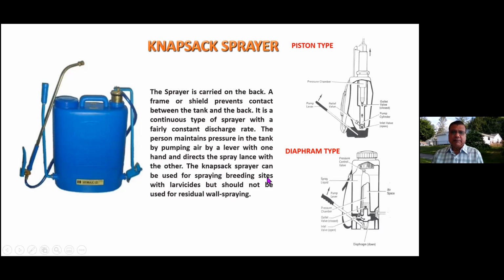The person maintains the pressure by lever with one hand and directs the spray lance with the other. This is the spray lance and this is the lever. The knapsack sprayer can be used for spraying breeding sites with larvicide, but should not be used for residual spray. So this cannot be used for residual spray, can be used only for larval spray.